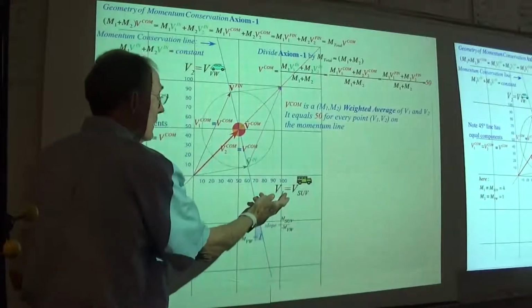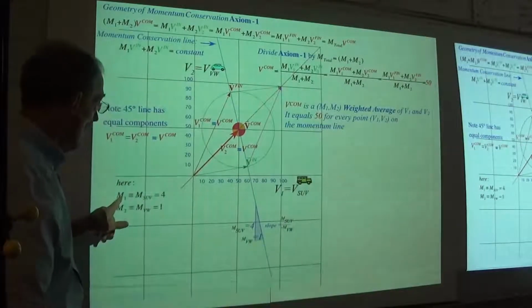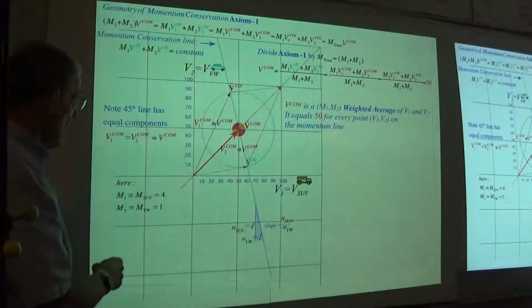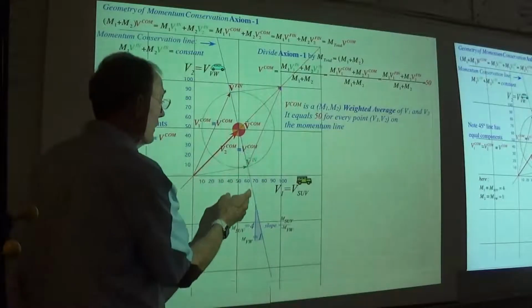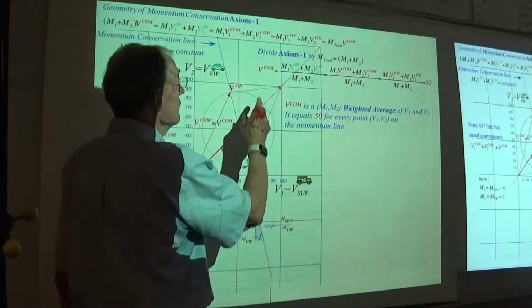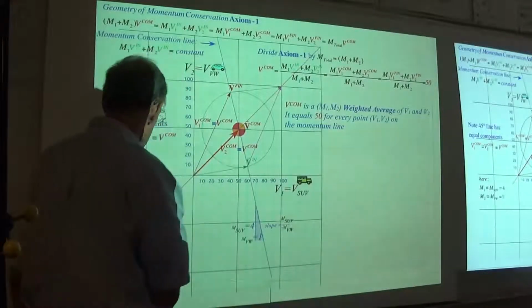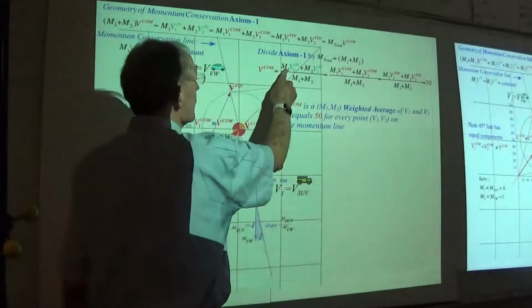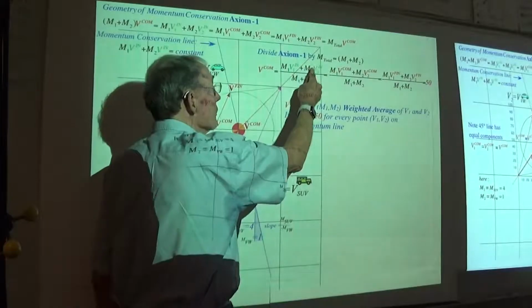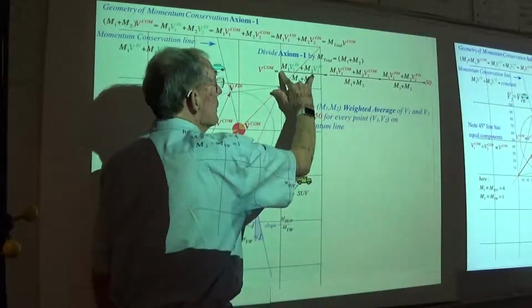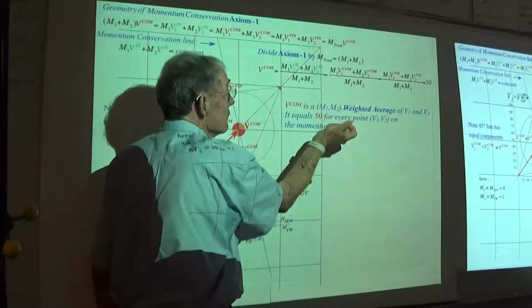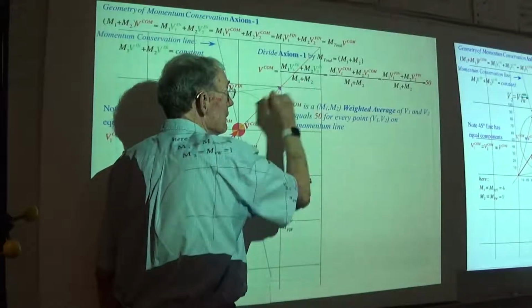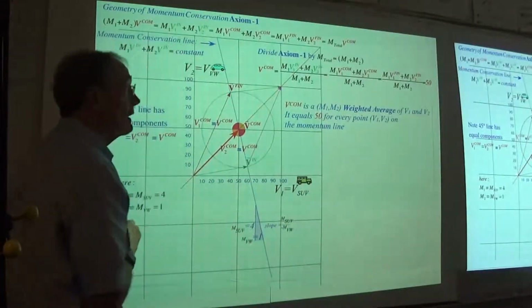V1, this guy, with M1, 4, and then M2, the pokey VW down there, that has only a mass of 1 ton. That's going to be a 1 right there, and a 4 right there, weighted 1 to 4, and then divided by their total, 5, 1 plus 4.